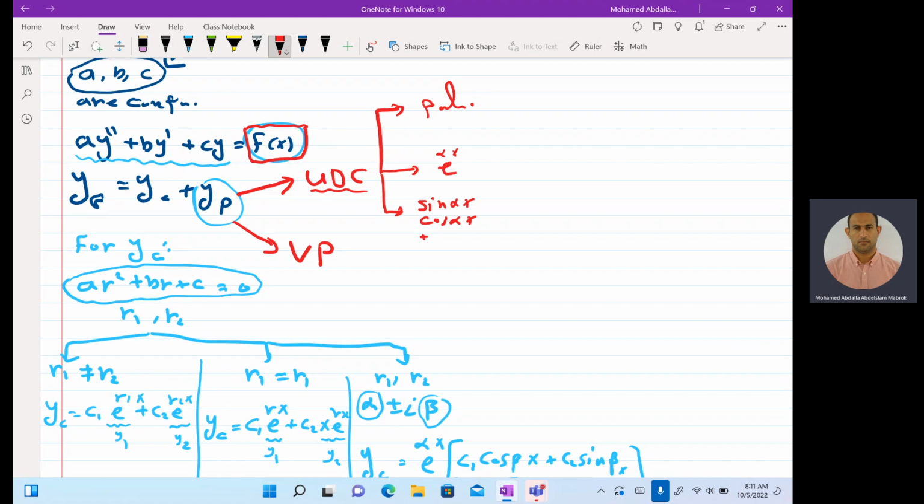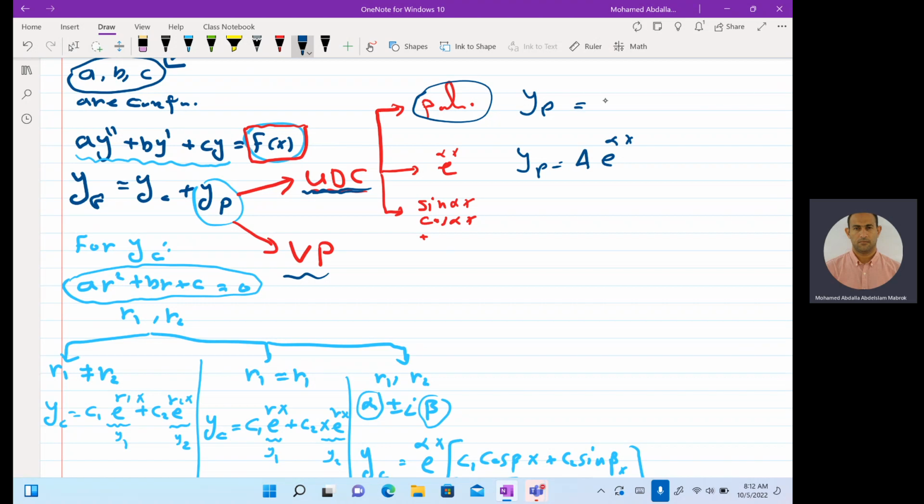In the yp, we always assume the yp, either in undetermined coefficients or in variation of parameters. But here in undetermined coefficients, we assume it to be similar to the f(x). So if you have f(x) as a polynomial, you assume yp to be a polynomial of the same degree. If f(x) is exponential, then you assume your yp to be also an exponential.